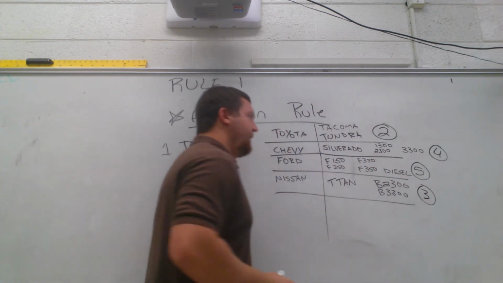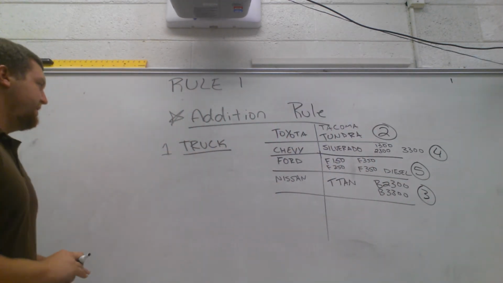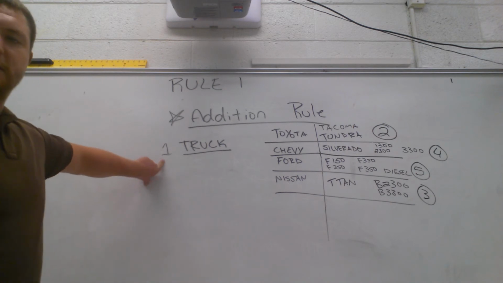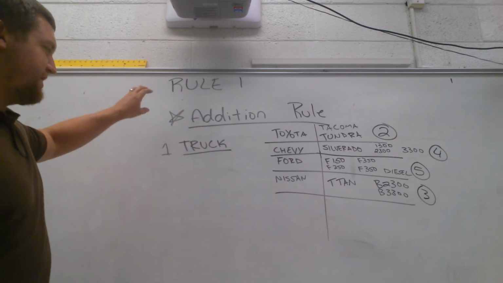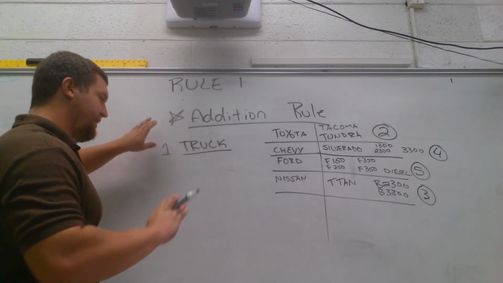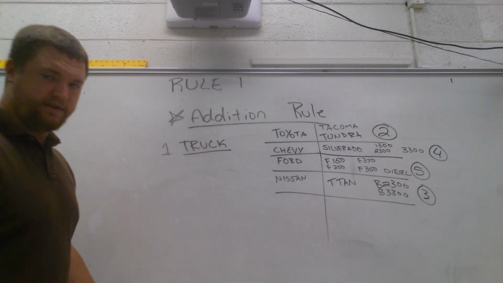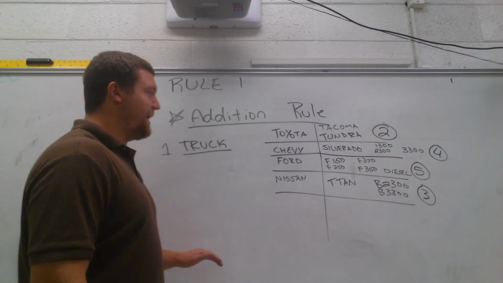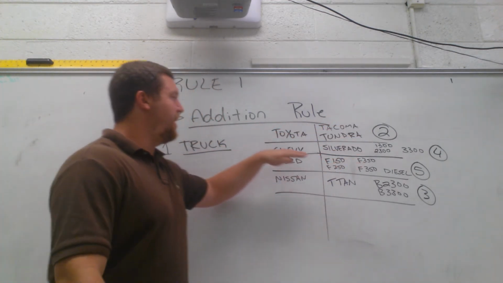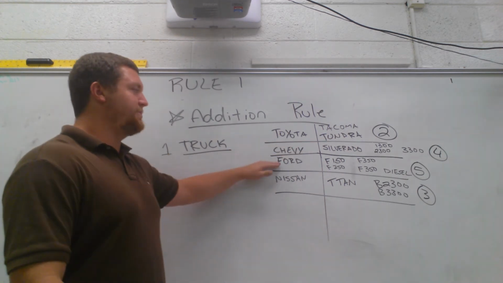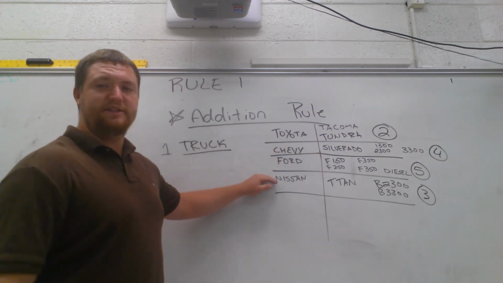Now, our definition says that if I'm making a single choice, which I am, I'm buying one truck, and I have different types of options, my total number of choices can be determined by adding my number of options. So how many options do I have for Toyota? 2. Options of a Chevy? 4. Options of a Ford? 5. Options of a Nissan? 3.